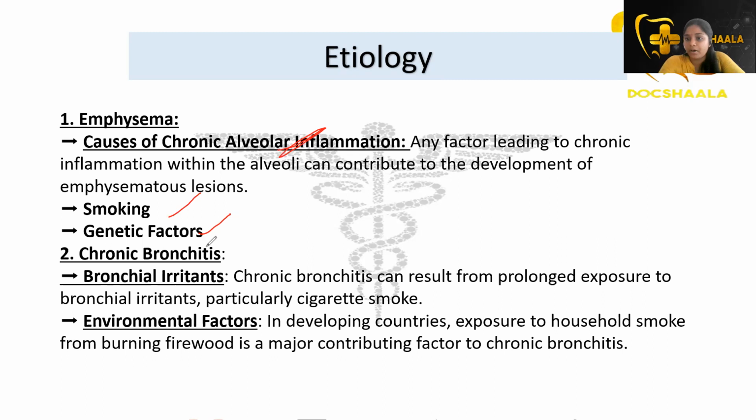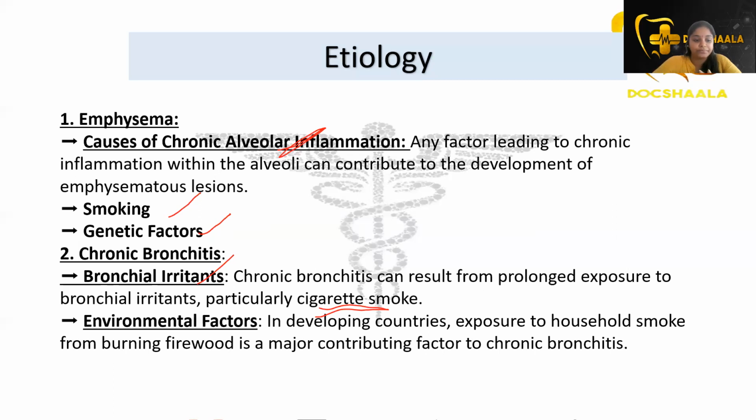Whereas for chronic bronchitis, the etiology may be bronchial irritants such as cigarette smoke, or prolonged exposure to such irritants. Environmental factors in some developing countries, like household smoke from the kitchen or burning firewood, are also a major contributing factor for chronic bronchitis.